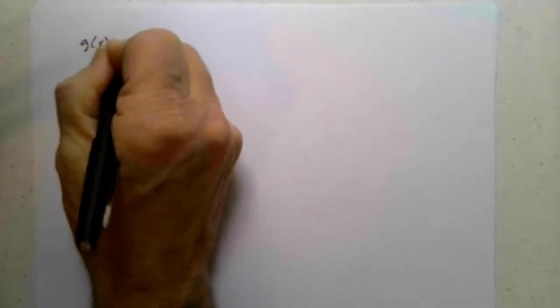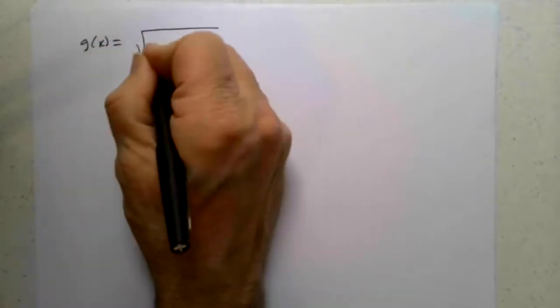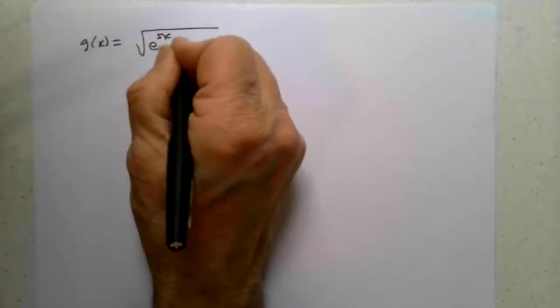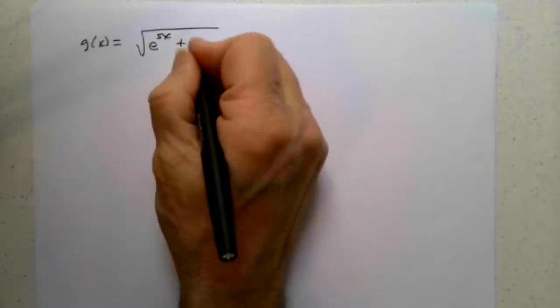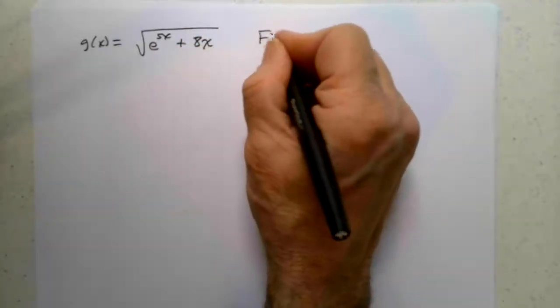I will do the following. I'll say g of x is the square root of e to the 5x plus 8x. My goal is to find g prime of x.